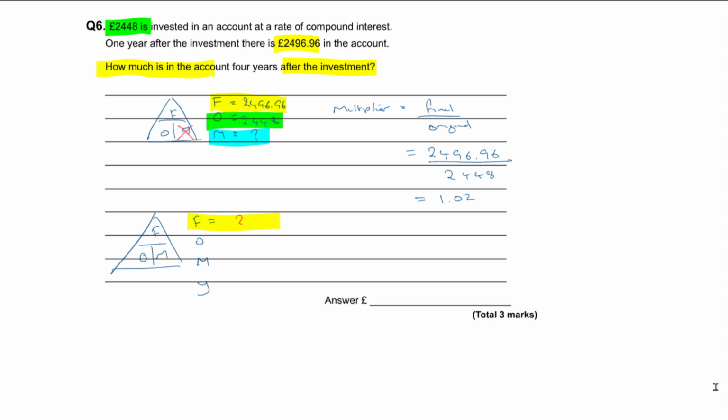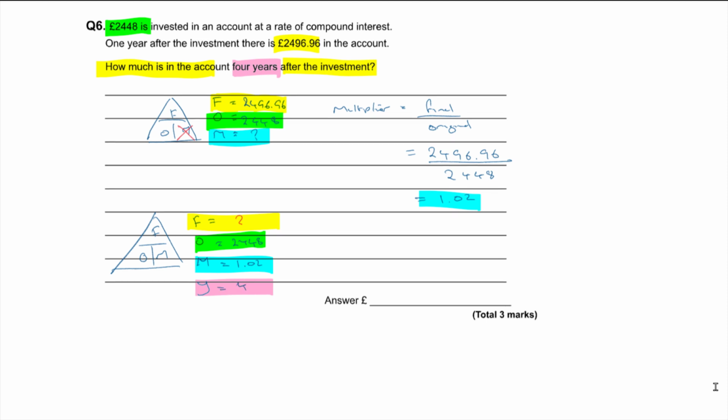The original is still the original that we had at the beginning, 2448. The multiplier is the one that we found, 1.02. And then the number of years is 4 years from the question, so that's equal to 4.